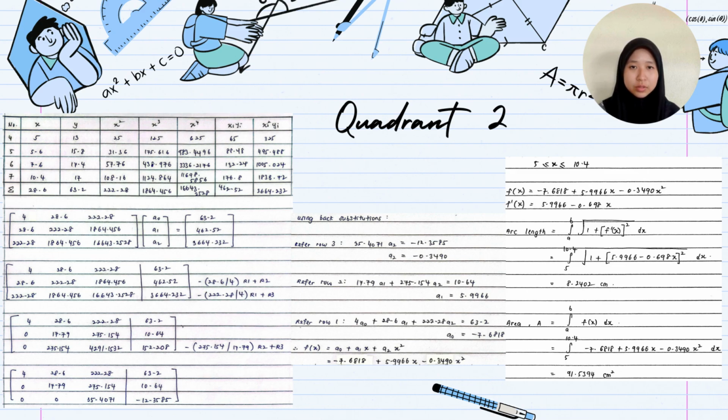Then f(x) is negative 7.6818 plus 5.9966x minus 0.3490x squared. Then we calculate the arc length and the area.